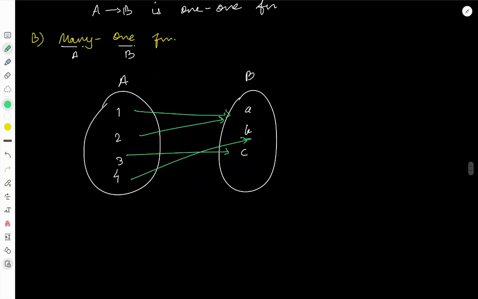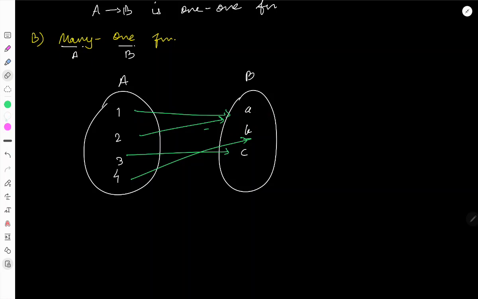So now a many to one function can be said to be a function where many elements in the domain, that is the pre-image, map to one image. One image has many pre-images.